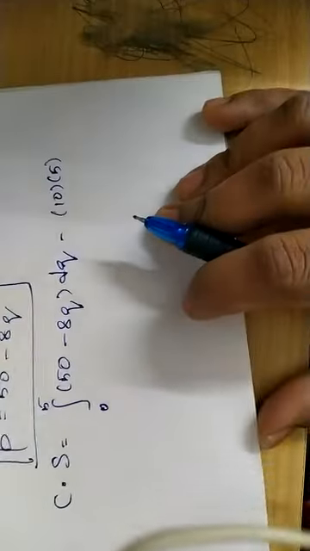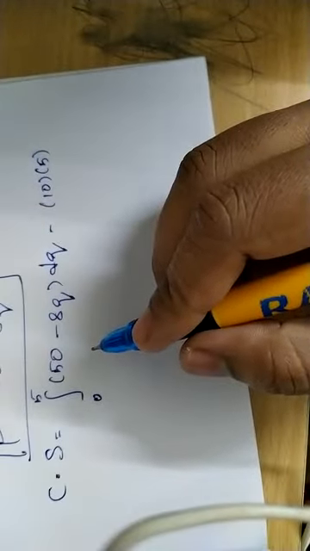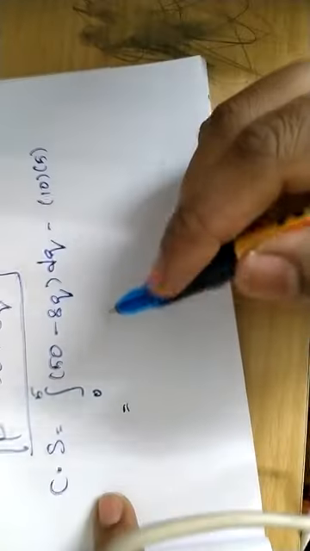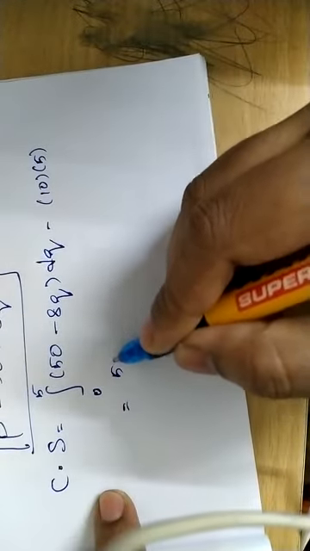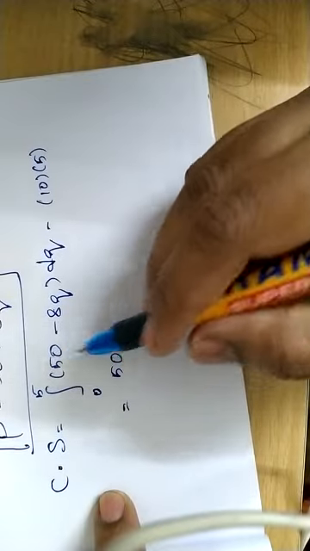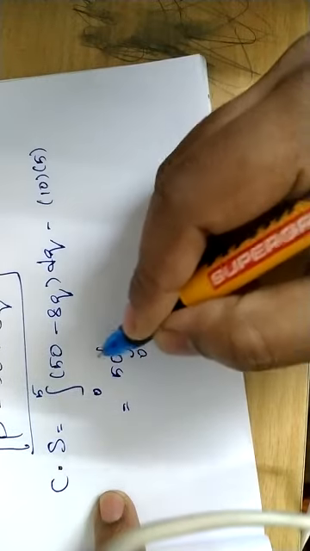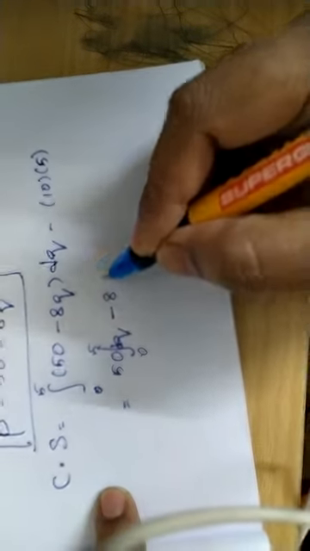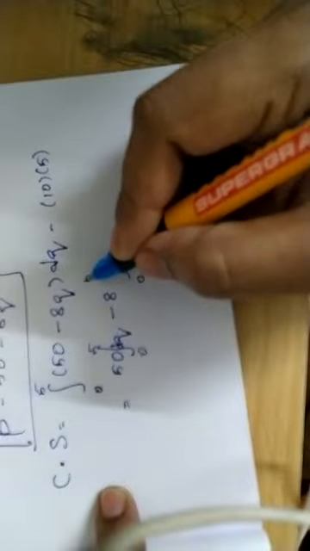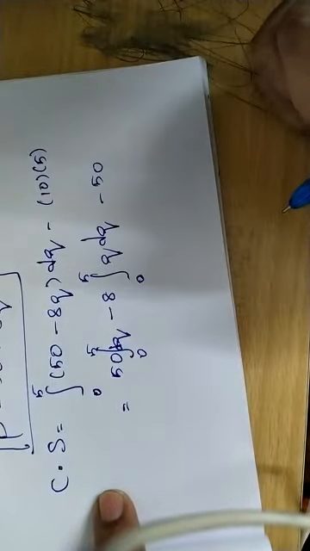I am going to integrate this quantity to obtain my consumer surplus. So this is equal to 50 into Q, since 50 is a constant, integrated dQ from 0 to 5, similarly minus 8 integral 0 to 5 Q dQ minus 50.